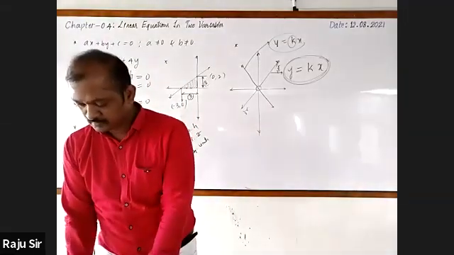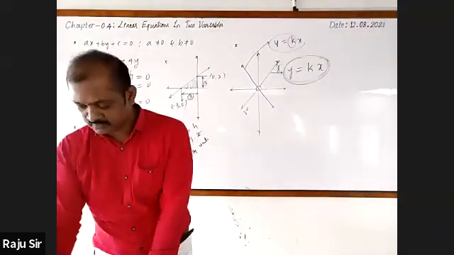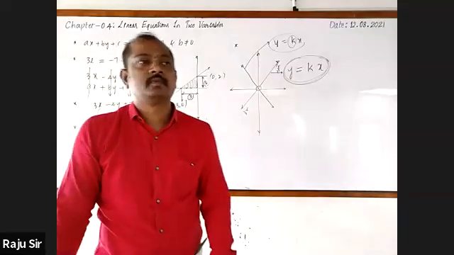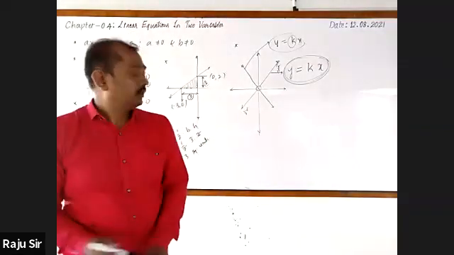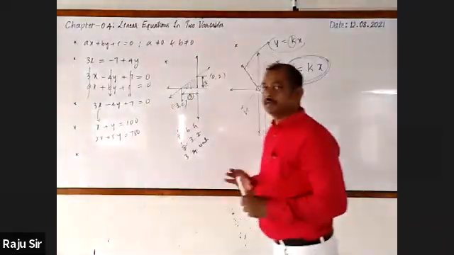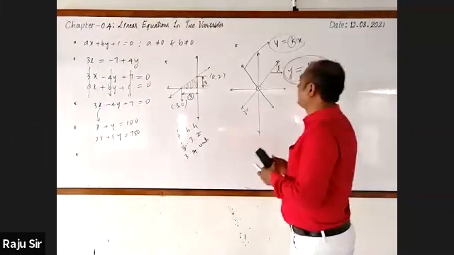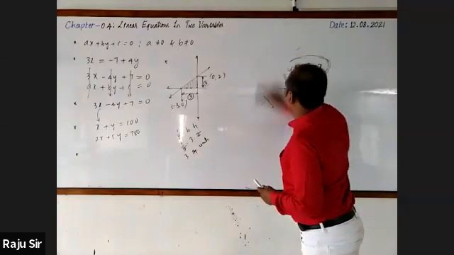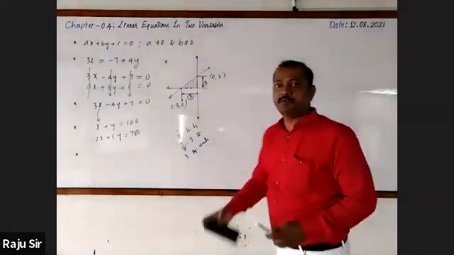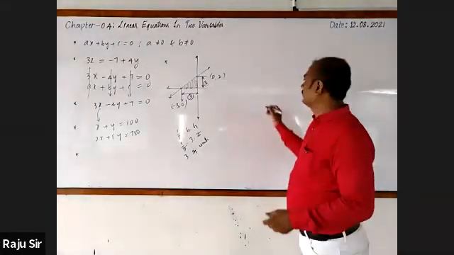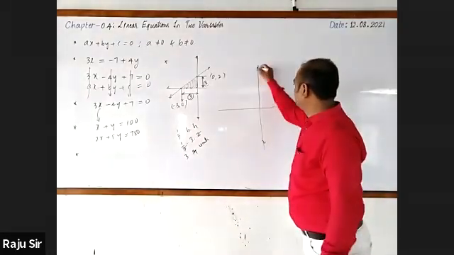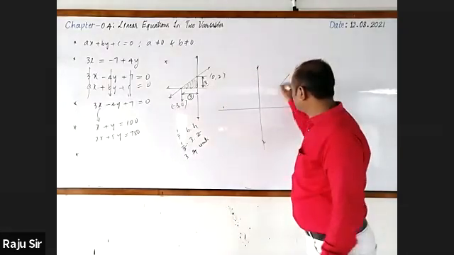Sir, if they ask to find the area of the triangle formed, what do we have to write? Sir, in yesterday's worksheet you are given. If it is given, suppose you'll get the graph like this.